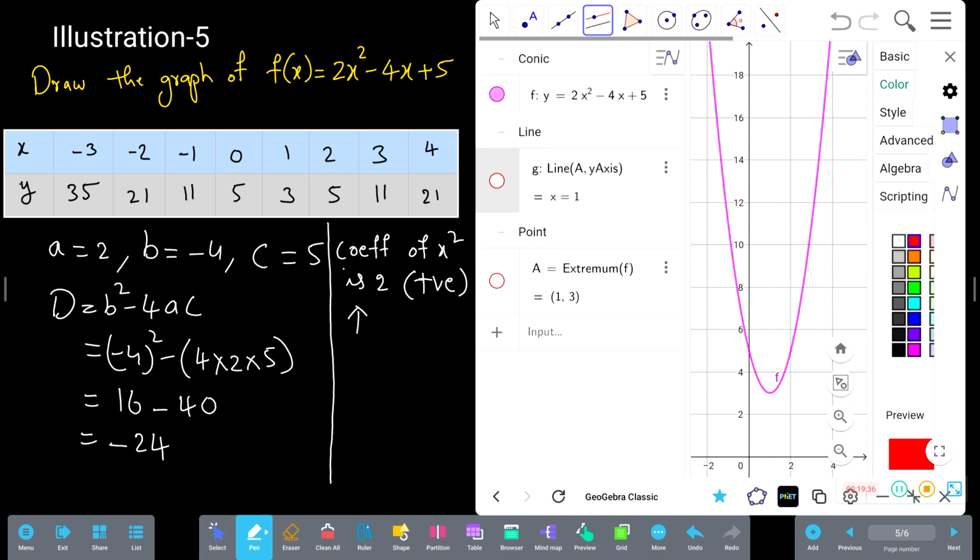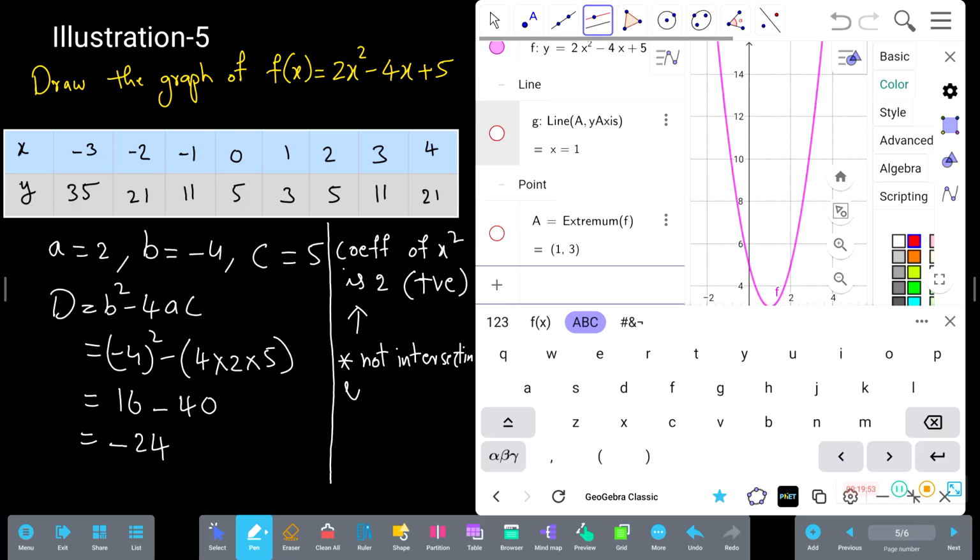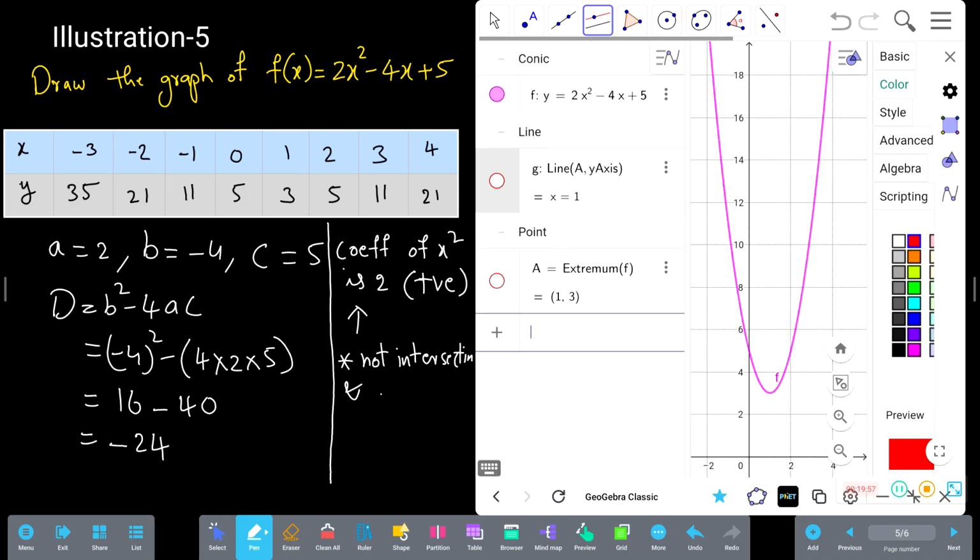The second point is this parabola is not intersecting with the x-axis, and it is not touching also.